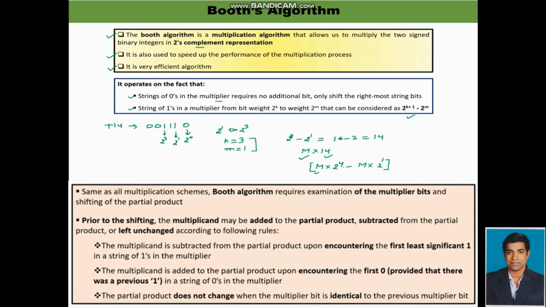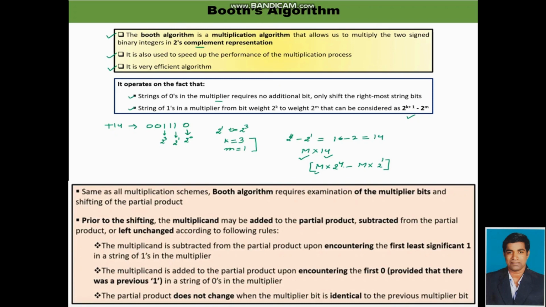Then 2^4 minus 2^1, that means 2^(k+1) minus 2^m, right? Then we are getting 16 minus 2, and the value is 14. Like that, multiplying M by 14 is represented as M times 2^4 minus M times 2^1.